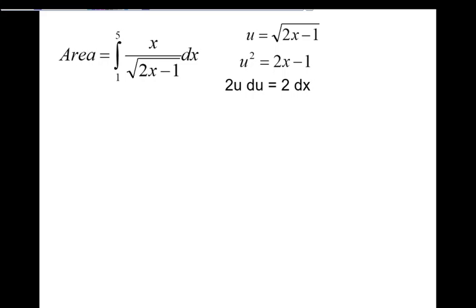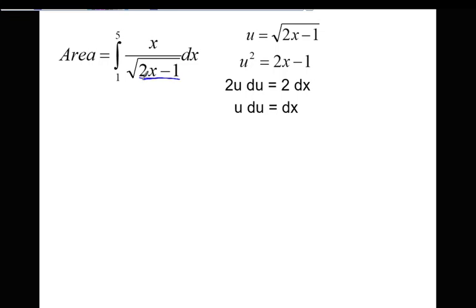Now, that means that u du equals dx. And you'll see what we're going to do with this in a second. So this time we didn't pick u just to be this inside function. We picked all of this as u.